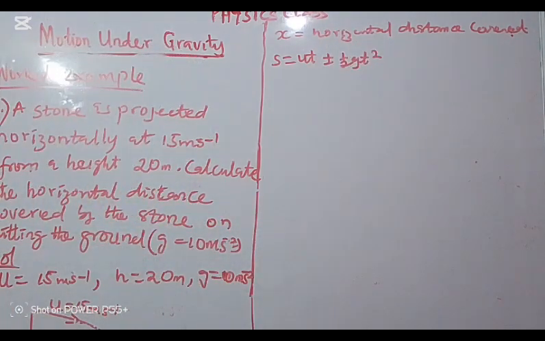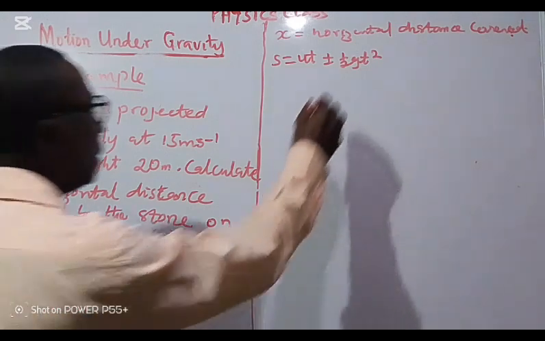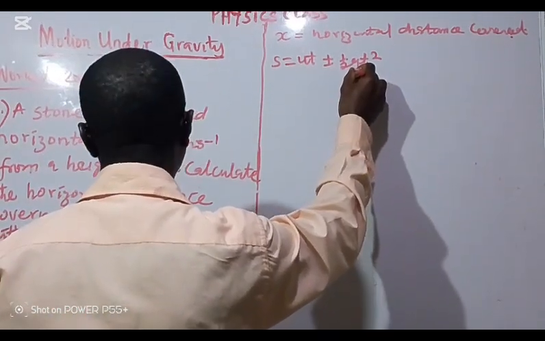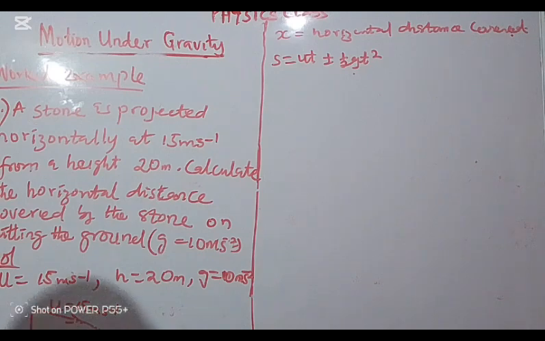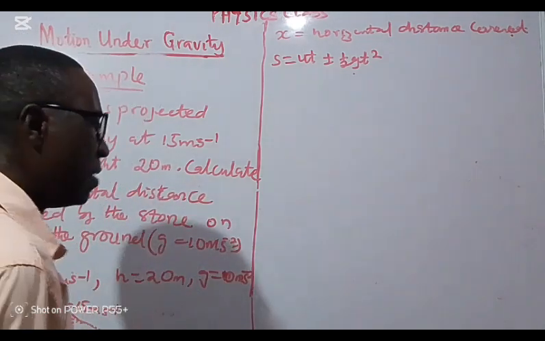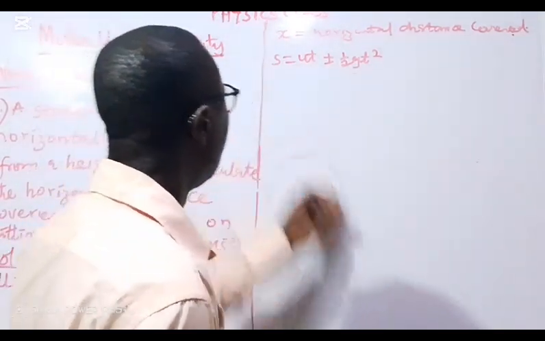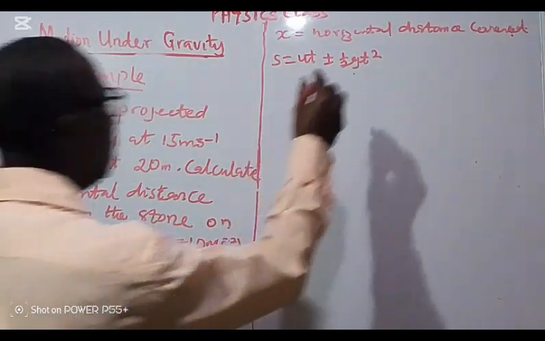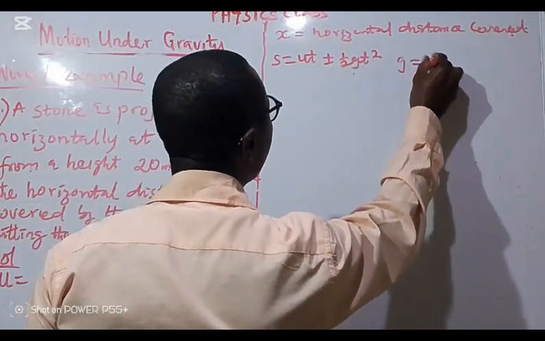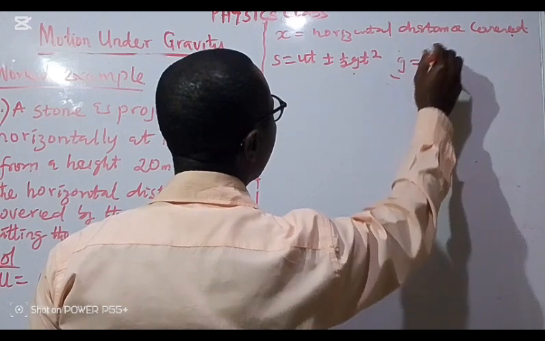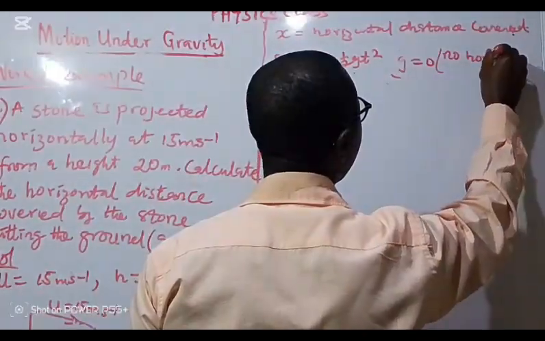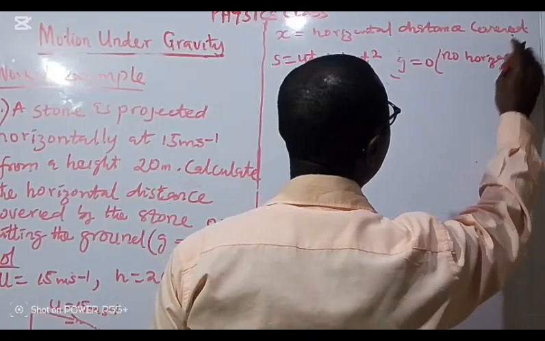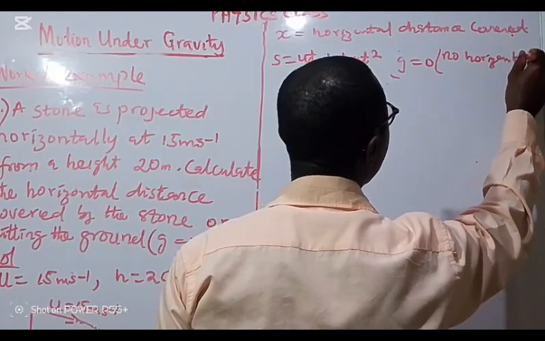Now, if this is the case, then don't forget, there is no horizontal acceleration. That is, when you are moving linearly, that is, with horizontal distance, g is equal to 0. g equal to 0. Why? No horizontal acceleration.